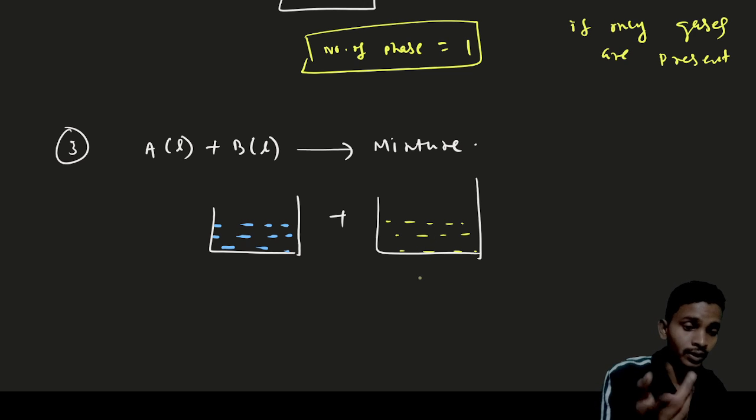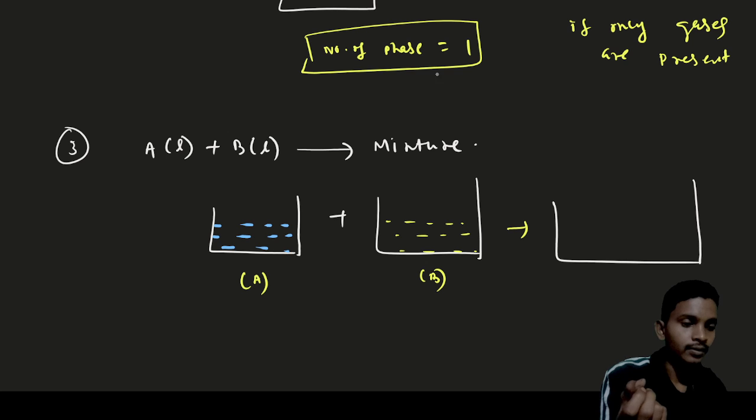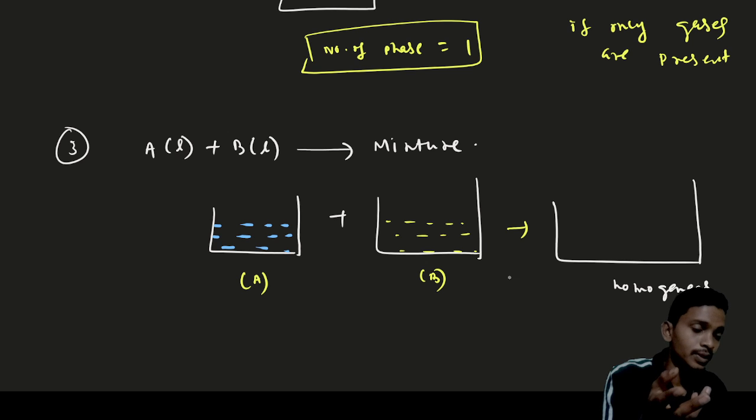Let's say this is B liquid and this is A liquid. If you add them, what will happen depends on whether after mixing it is completely dissolved or not, completely soluble or not. If A and B are completely soluble, then that will give a homogeneous mixture. If A is completely dissolved in B, then it is homogeneous.